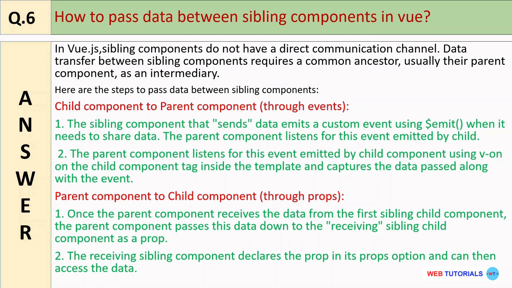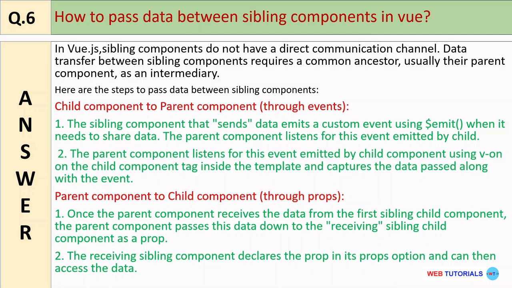As the first step, the sibling component that needs to send data emits a custom event using $emit. The parent component will listen to this event emitted by its child component. Also, the parent component captures the data passed along with the event.